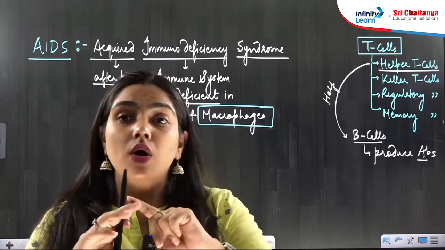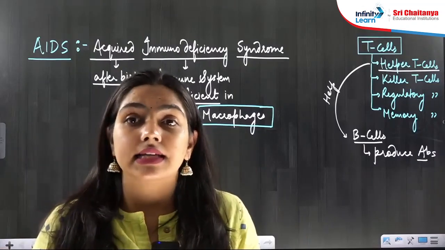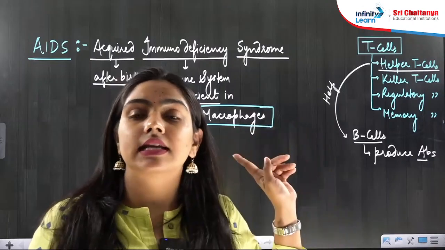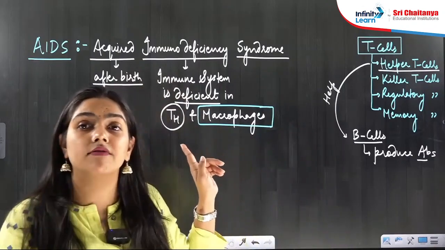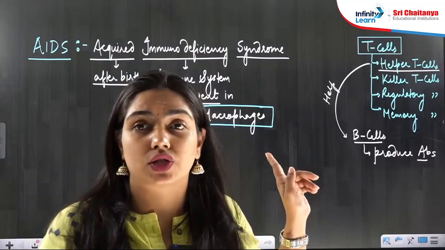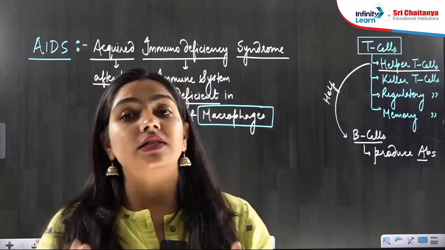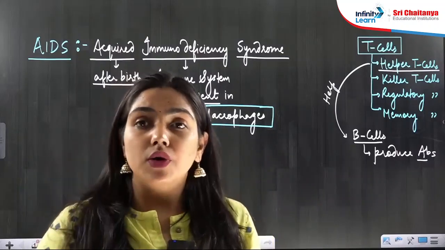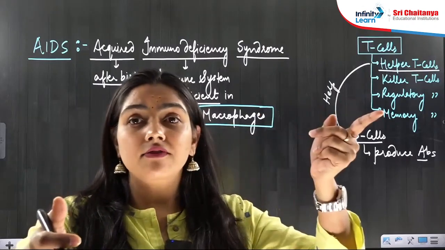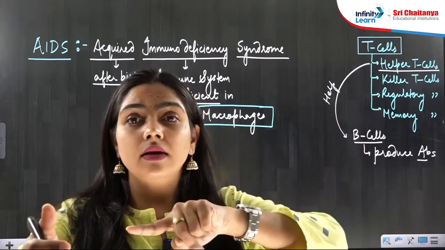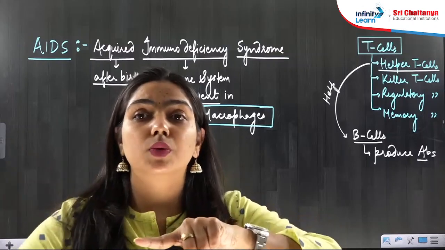Okay. Now when helper T cells are decreased in the body, whenever there is an AIDS infection, in the AIDS disease, helper T lymphocytes decrease very much. So both the immunities will be compromised. The humoral immunity is provided by antibodies, but helper T lymphocytes are decreased, so B lymphocytes will not be able to produce antibodies.